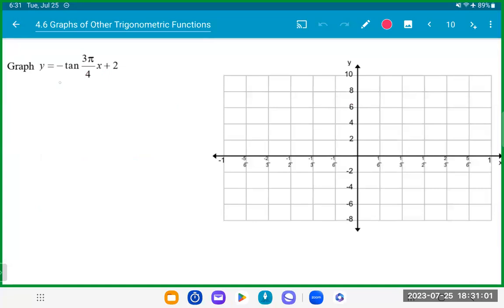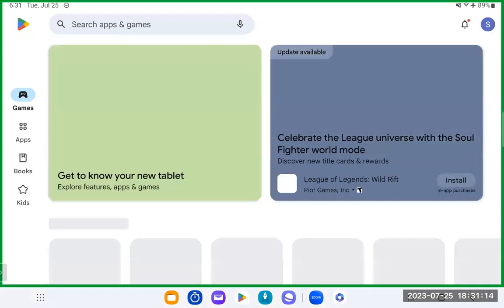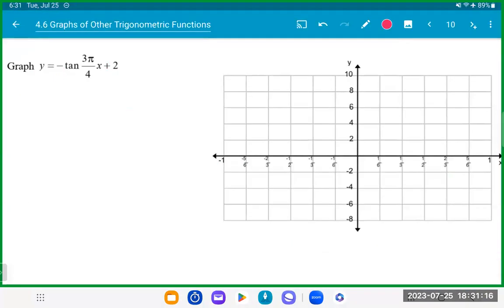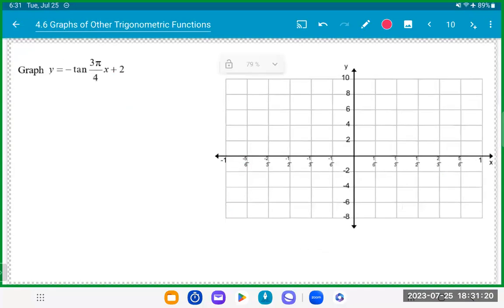So I want to point out a different one, where we're looking at the negative of a tangent graph. I don't know why that's not letting me write up there clearly.